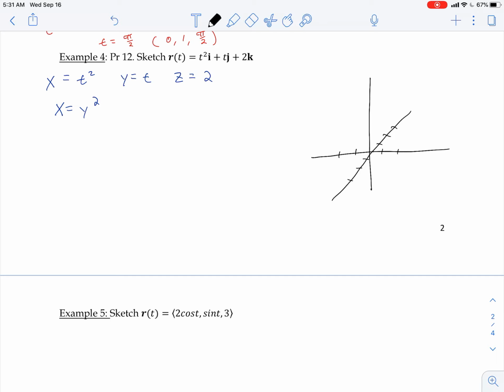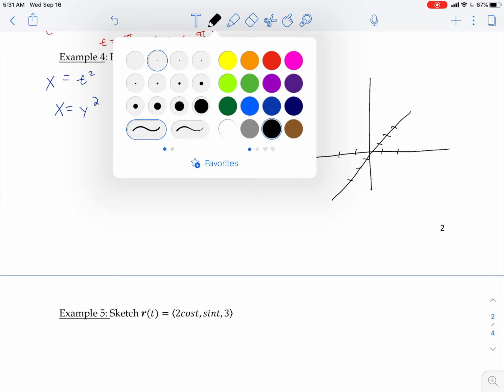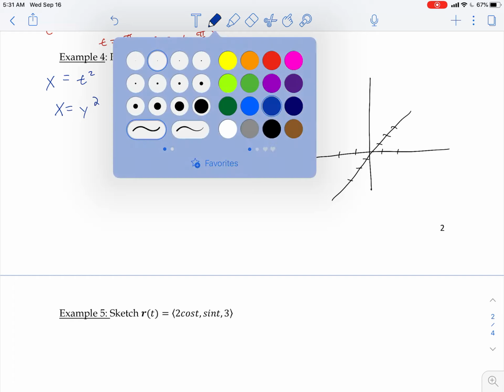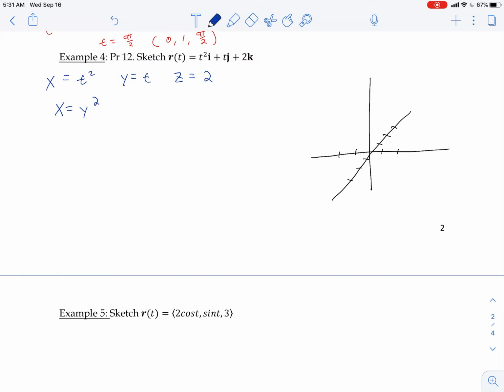And now I'm going to show how this is going to give us a surface. Because this is in 3 dimensions, this is going to create a surface. And the surface this is creating is a parabola that's facing the positive x direction. So our parabola is going to look something like this.